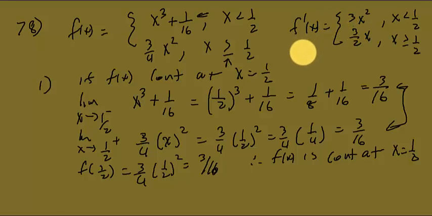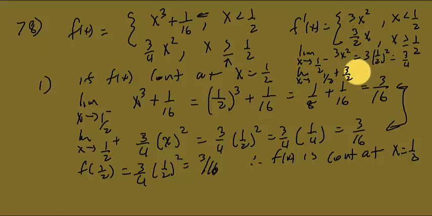First I've got to check the limit as x goes to 1/2 from the left side. I'm using 3x squared, which means 3 times 1/2 squared, which is going to give me 3/4. Then I've got to check the limit as x goes to 1/2 from the right side, which means I'm going to use 3/2 x, which is going to give me 3/2 times 1/2, which is 3/4. So they're the same.